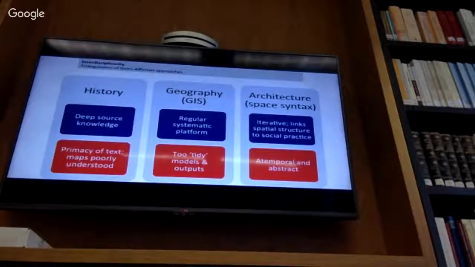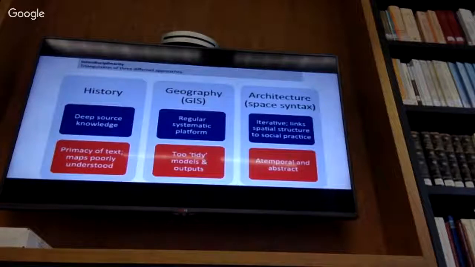What space syntax does, drawing from architectural principles, is that it enables you to do iterative analysis that you can build on and compare different models, linking the spatial structure of a city, as we've just explained and shown you, that cities are structures, they are connected, they have well-connected areas and more disparate areas.